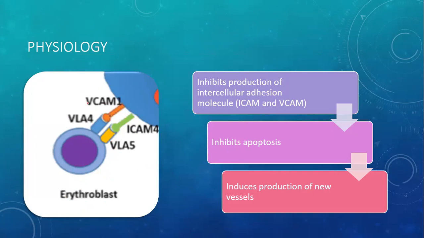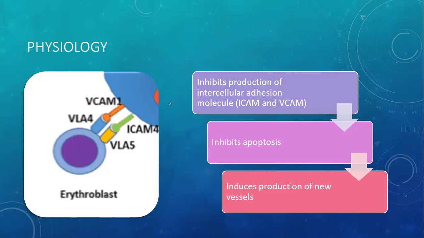You know what these molecules are. I'm going to say it anyway. These are vascular cell adhesion molecule and intercellular adhesion molecule. So these molecules have one main role here. They bind to each other, so this cell does not leave the bone marrow yet.